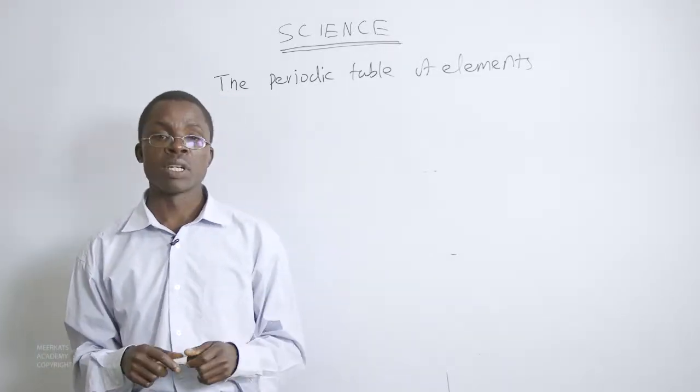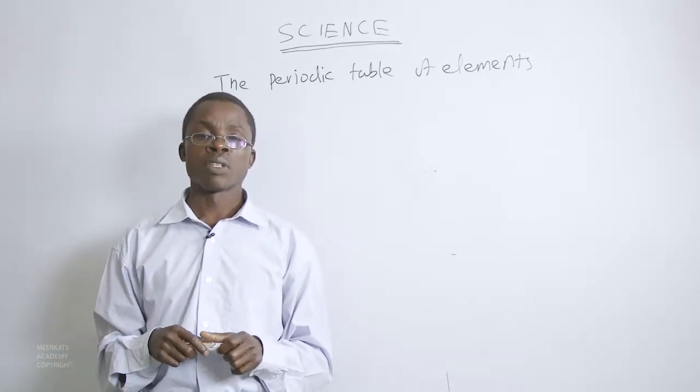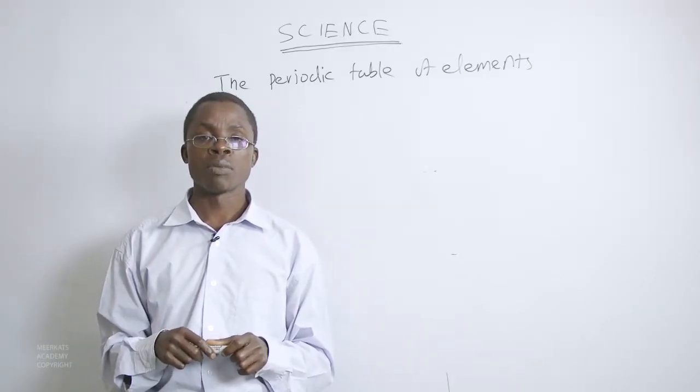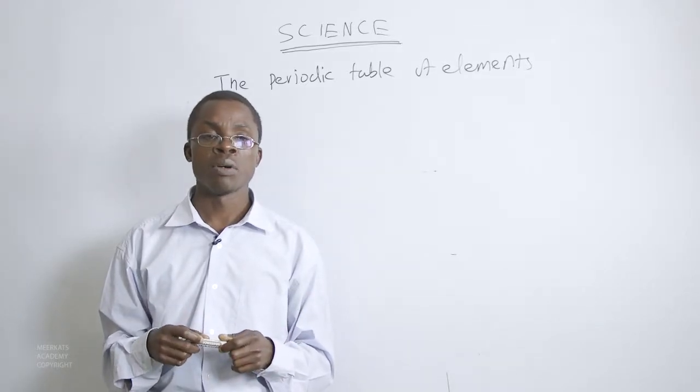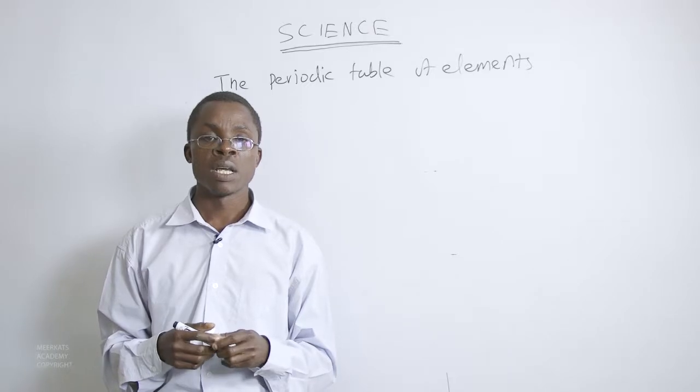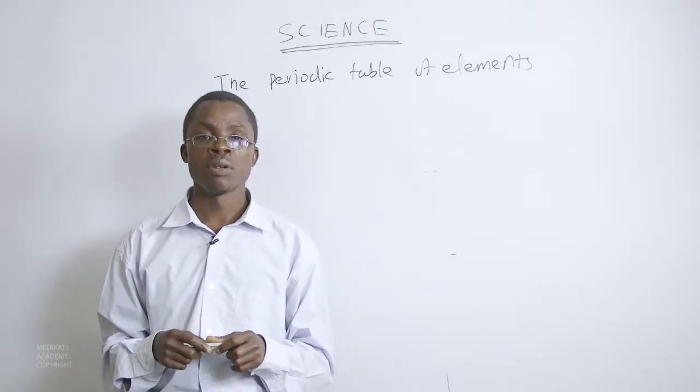A review of our previous lesson. In our previous lesson, we looked at the periodic table, some basic ideas on how the periodic table came into existence, and the parts in the periodic table.